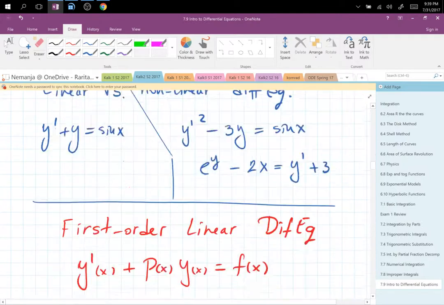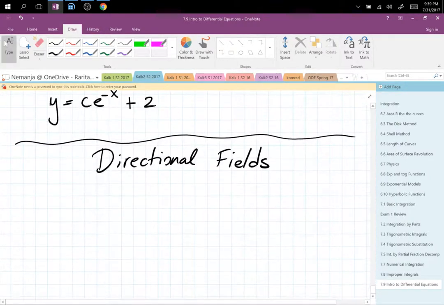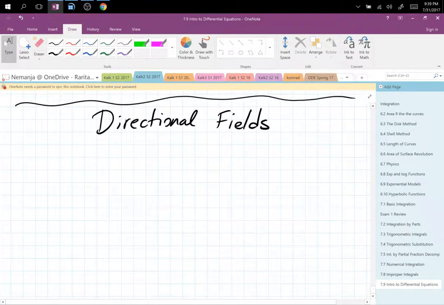Well, now, a directional field, also known as a slope field, is a field that is filled with small line segments that force the solutions to flow through them. It's like little guides. Now, you've probably seen a lot of those if you read the book and did the class prep. I'm going to show this in a textbook first.